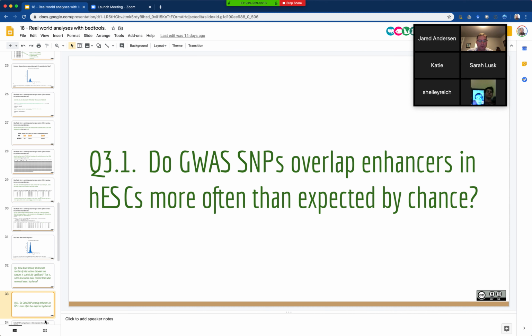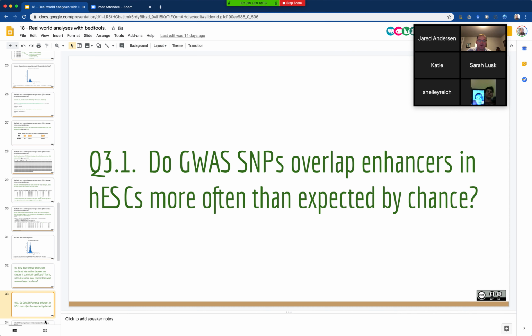And the biological motivation for looking at this question is, I touched upon it last time, but genome-wide association studies, by and large, have revealed single nucleotide polymorphisms in the human genome that are significantly associated with different disease traits like Crohn's disease or macular degeneration or type 1 diabetes.